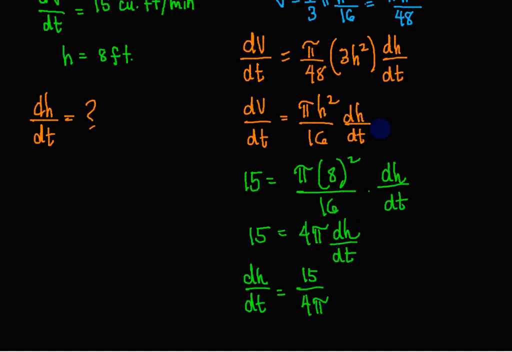So that's the rate at which the height, or the surface, is rising. 15 divided by 4 pi, or approximately 1.19 feet per minute. Okay, so this is the rate at which the surface is rising, 1.19 feet per minute.